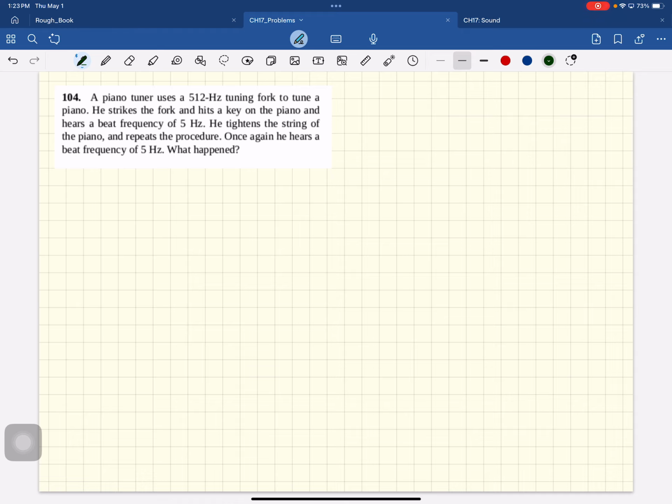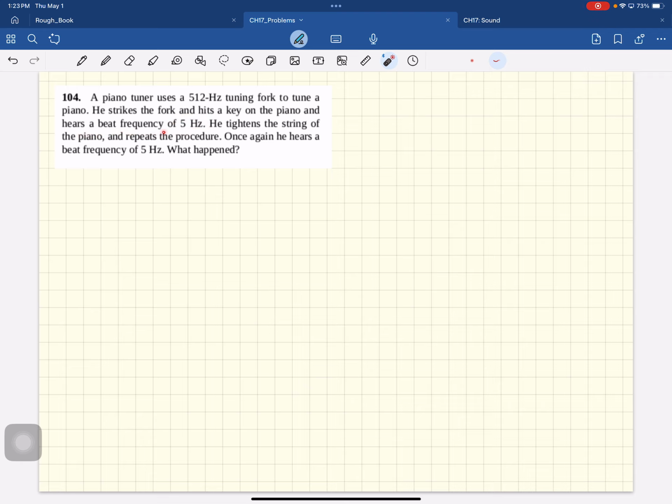Yep. So this problem says a piano tuner uses a 512 hertz tuning fork to tune a piano. He's trying to tune this particular key to 512 hertz. He strikes the fork and hits a key on the piano and hears a beat frequency of 5 hertz.